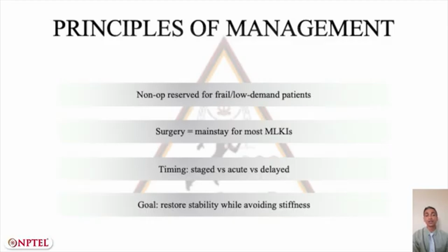However, in multi-ligament knee injuries, a staged approach is most preferred. The primary goal is to restore stability without causing stiffness of the knee joint. Stiffness or arthrofibrosis is a common complication in cases of multi-ligament knee injuries. The treatment decisions must be individualized on case-to-case basis.